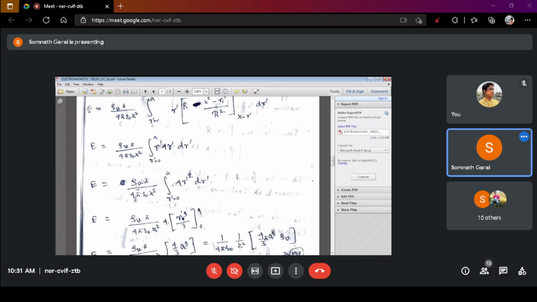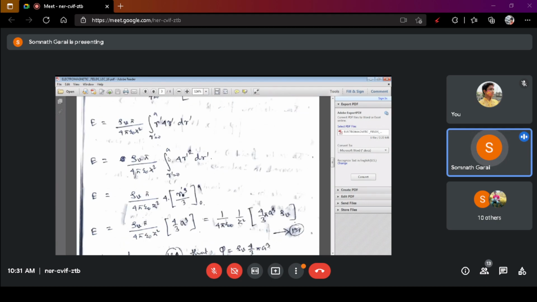rho V pi divided by 4 pi epsilon naught Z square, integration over r dot from 0 to A of 4 r dot square dr, right?